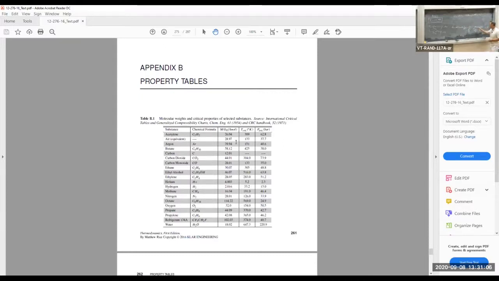A pascal is a joule per meter cubed. Sorry about that. Or a Newton meter per meter cubed, or a Newton per meter squared. So the pascals and the kilojoules and the cubic meters all cancel out, okay? So 5.23 kilograms. So now I got the mass.